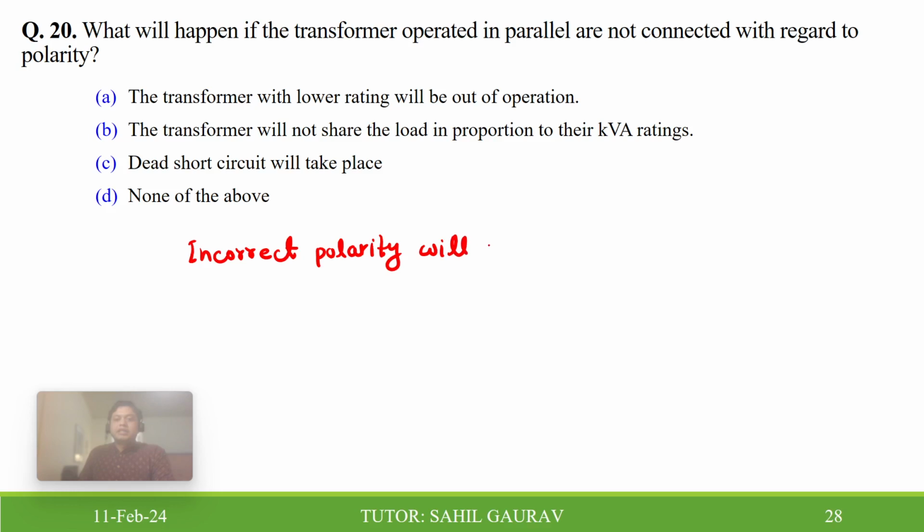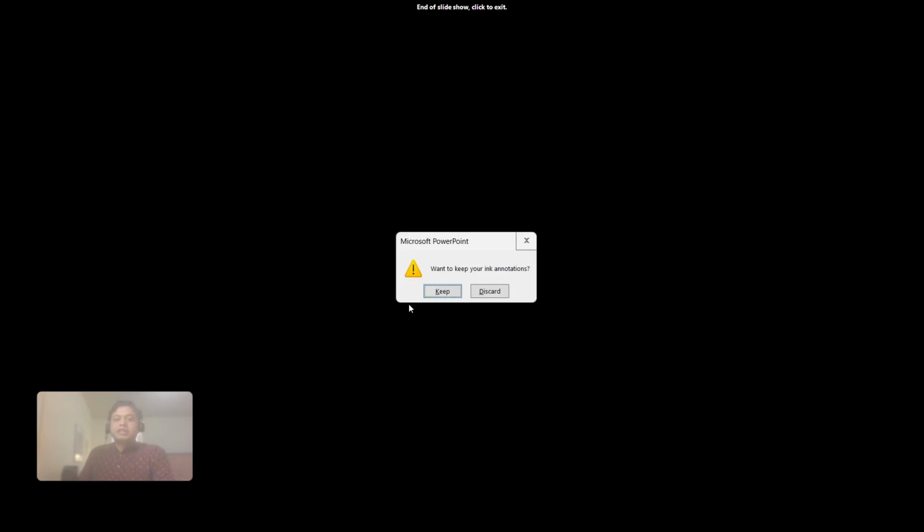Option B. No. Incorrect polarity will result in dead short circuit. So C is the correct option. See the correct answer. So that's all for today's session.